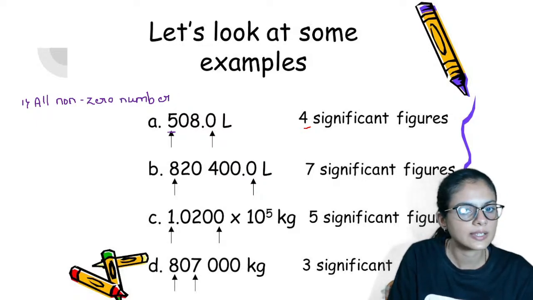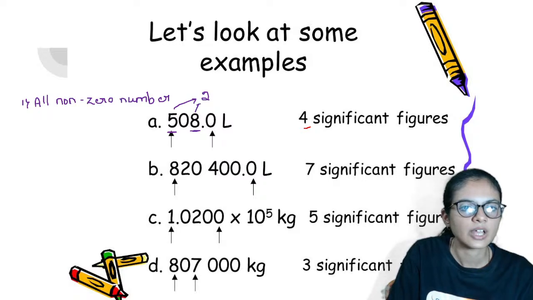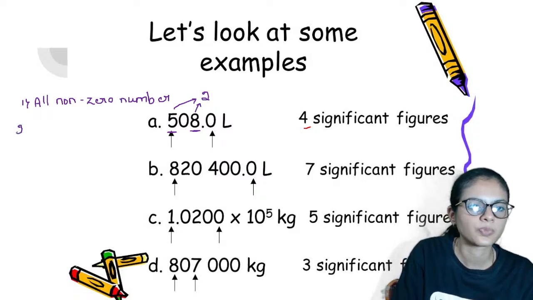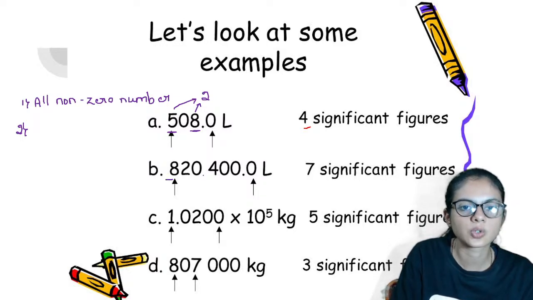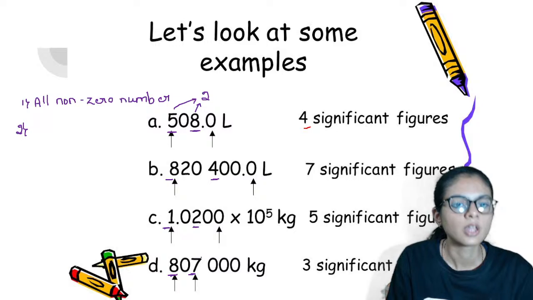So 5 is significant here, 8 is significant. So we got 2 significant figures. Let's keep them and see one by one. All non-zero numbers are significant. So here also there are 2 non-zero numbers. Here also 2 non-zero numbers, and here also 2 non-zero numbers.